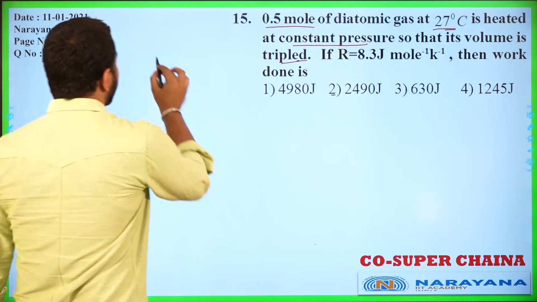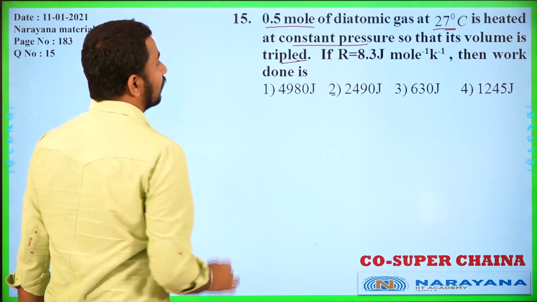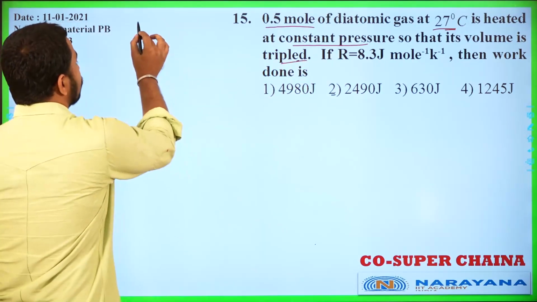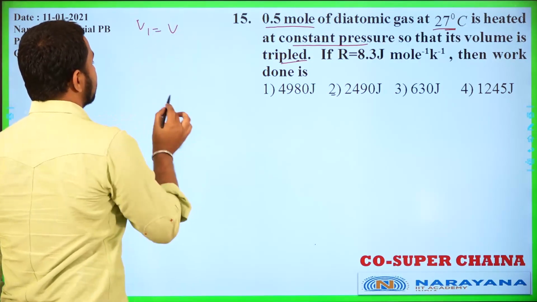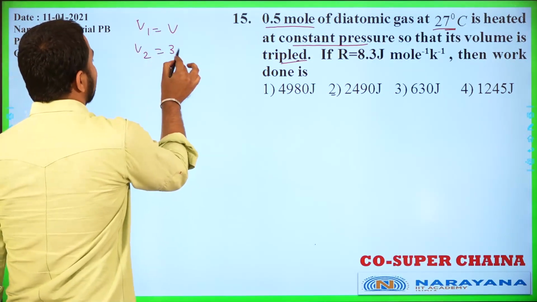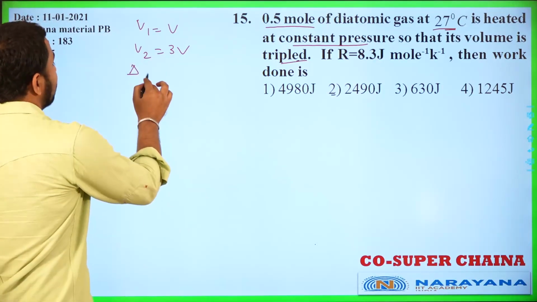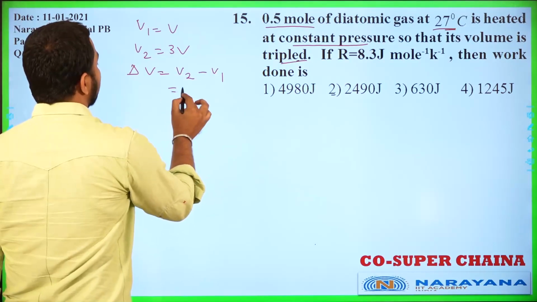Now the volume is tripled means what? If we say V1 is V, V2 will be 3V. So delta V will be V2 minus V1, and that will be 2V.